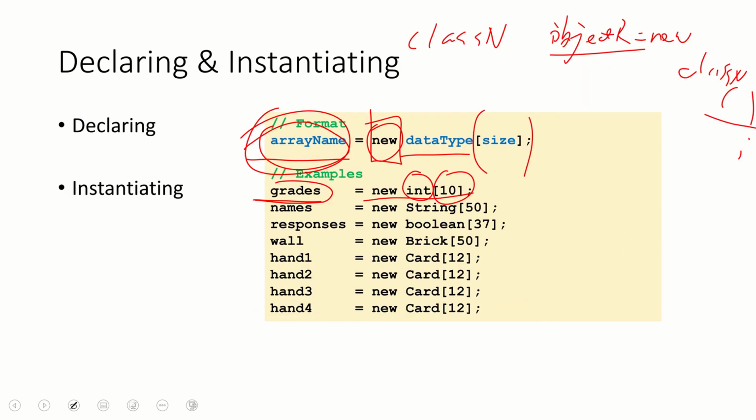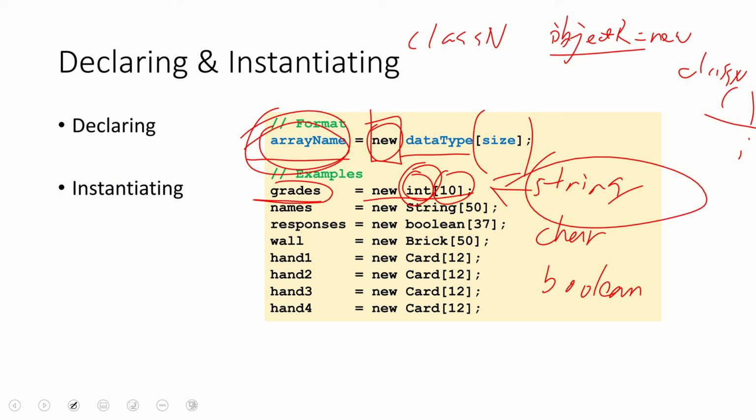What does that mean? You cannot put others like string, char, or boolean into this array. Otherwise it will say it doesn't match, because you set it to only store int while you store other data.